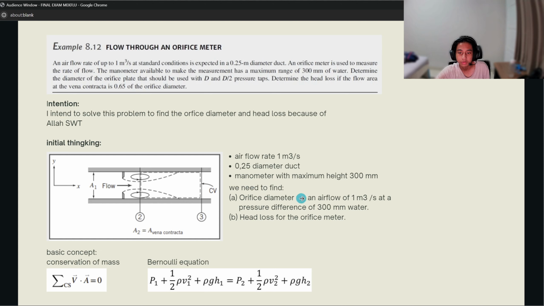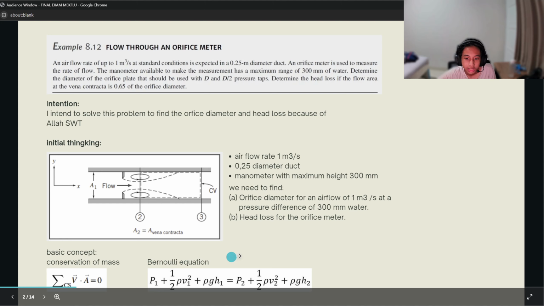So we need to find the orifice diameter for an airflow of 1 m³/s at a pressure difference of 300 millimeters of water, and the head loss for the orifice meter. The basic equations that we will use are the conservation of mass and the Bernoulli equation.